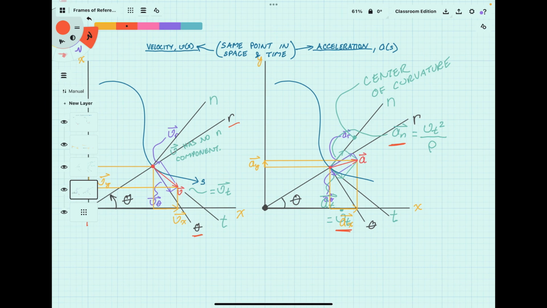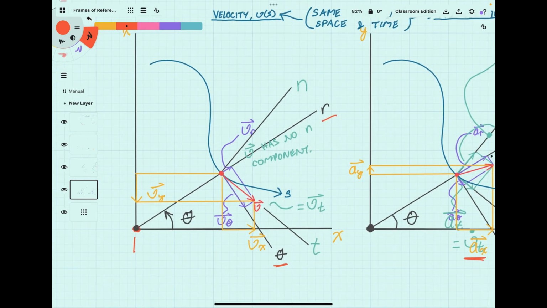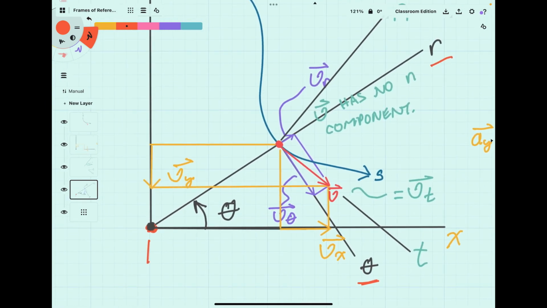If I turn everything on, it's going to get super cluttered, but you can see that red velocity vector is projected into three different frames of reference, but it never changes. Its direction does not change, and its magnitude does not change.